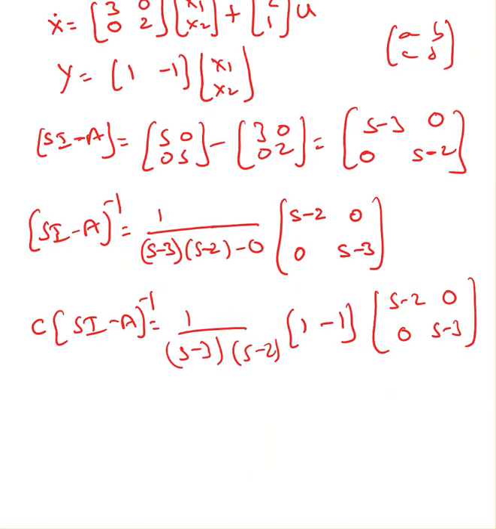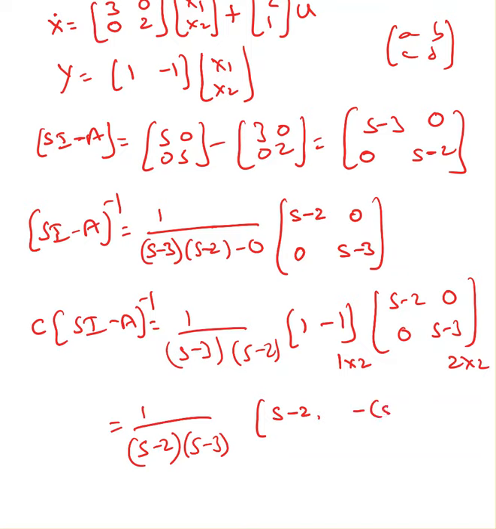So I'll end up with 1 over (s minus 2)(s minus 3). This is 1 by 2, this is 2 by 2, I'll end up with 1 by 2. So it's going to be [s minus 2, minus of (s minus 3)].